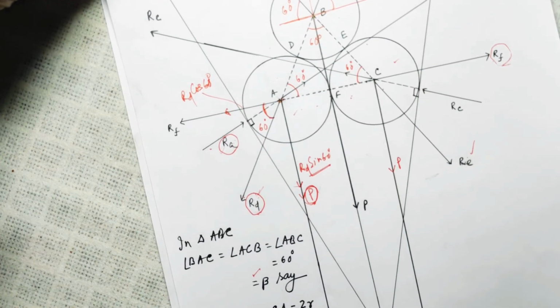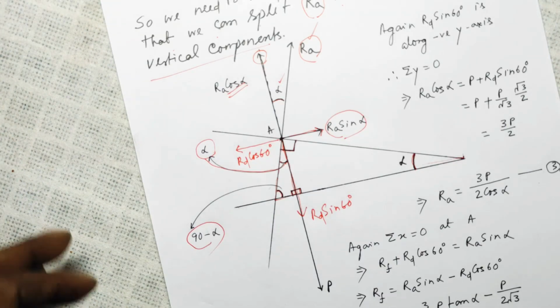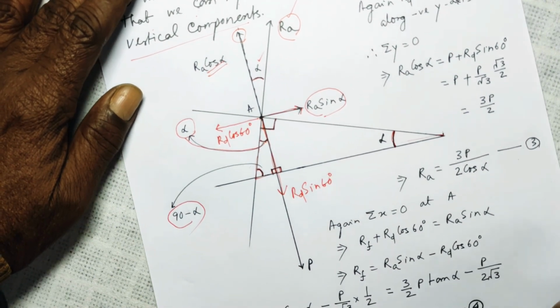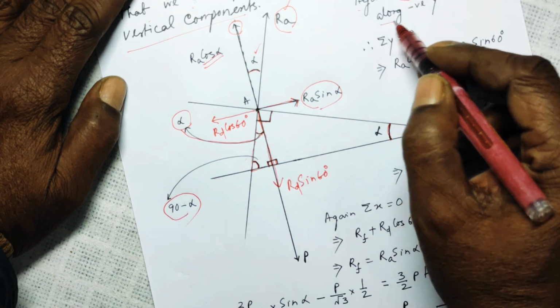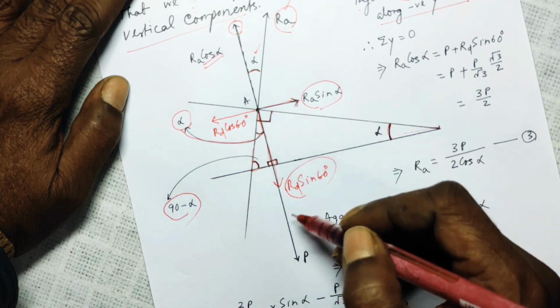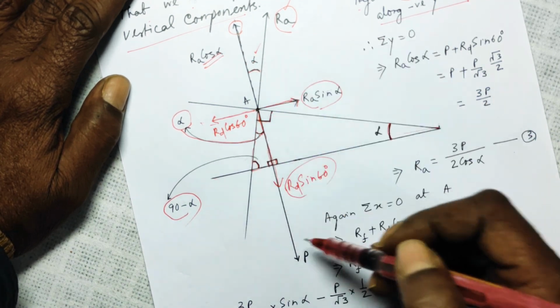Now it is simple. Again RD sin 60 is along the negative y-axis. This is your positive x-axis, this is your y-axis.